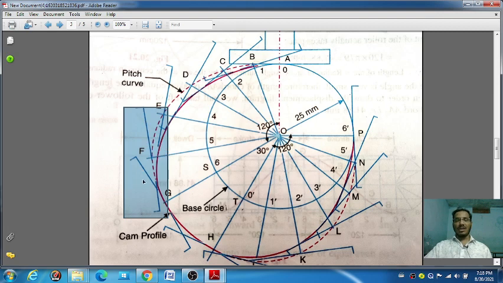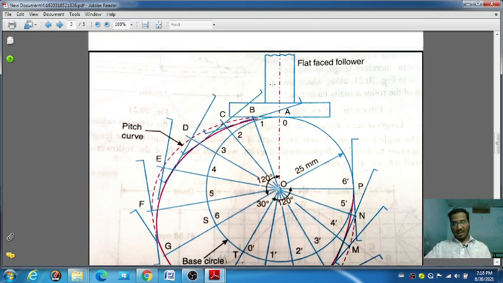The same concept is there, as in the last class or before the last class, how to construct the cam profile, we have already done, because the axis of the follower is on the same axis of the cam. So that concept of construction of the cam profile with the follower is always the same.